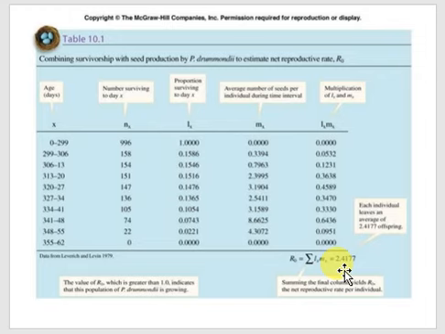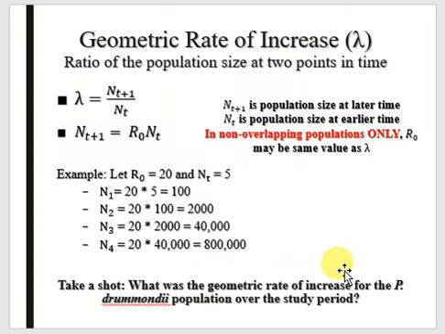If you do that math, you get a value of 2,408. So 2,408 seeds should be produced and serve as the starting number for the next year. In other words, your population size for the next generation would be 2,408 individuals.